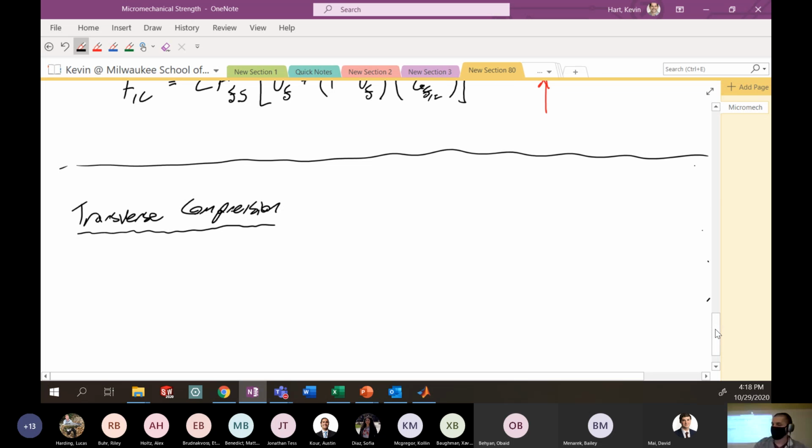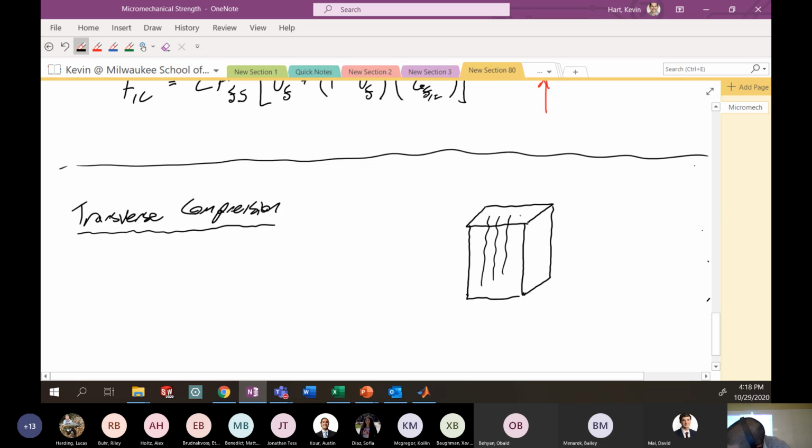All right, so transverse compression, the picture you're going to have in your head is here. So here's all your fibers inside of your material, your 1, 2, 3.